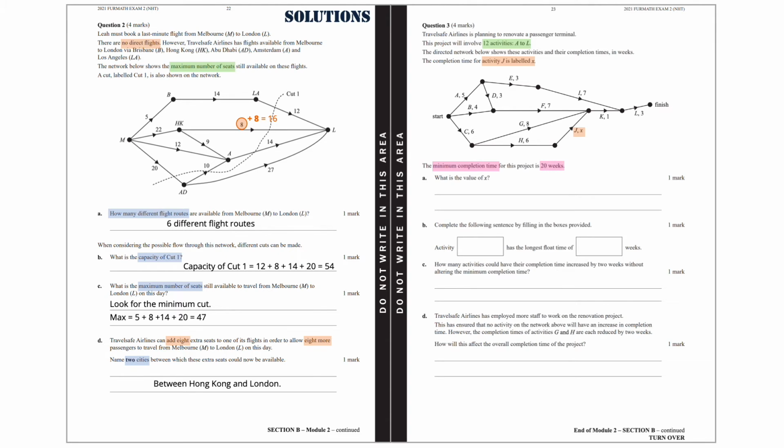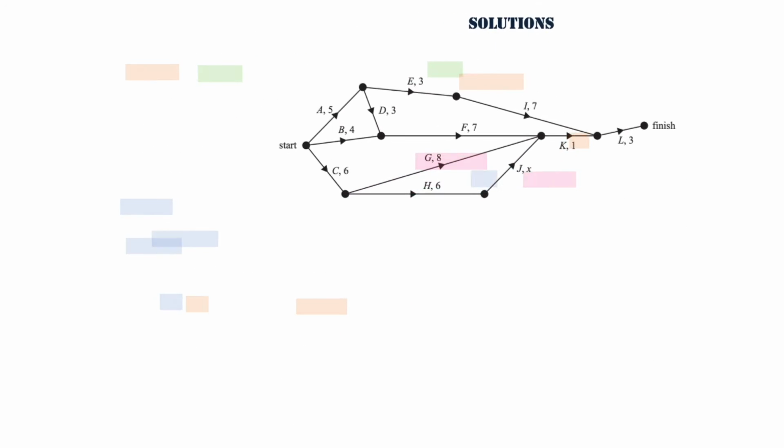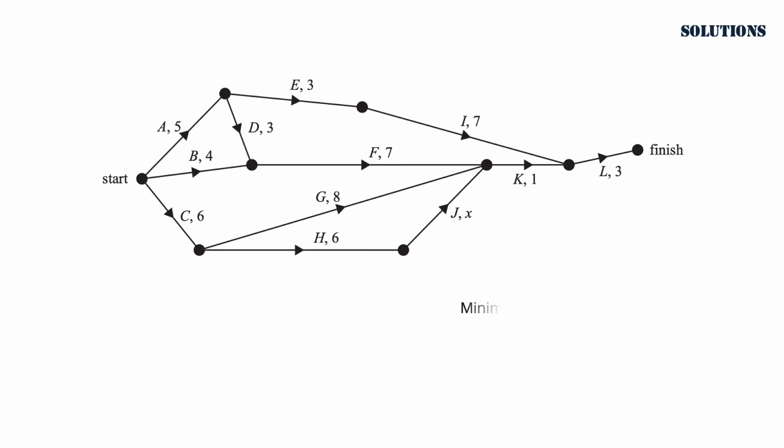Part A. What is the value of X? So we know that the minimum completion time for this project is 20 weeks. We are going to start by calculating the early start time for all these activities.